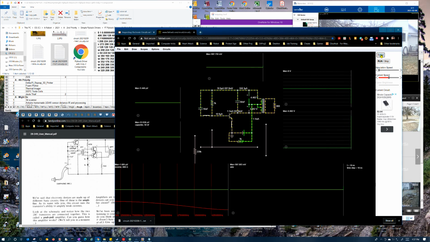Let's run this again just to see, because you have that little hiccup. Start at 12 milliamps.